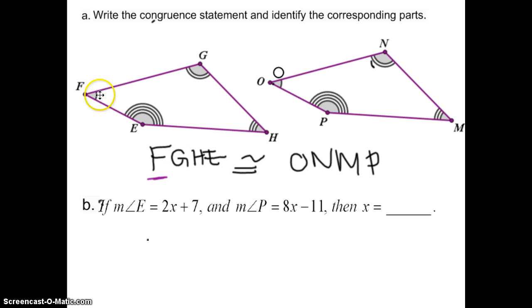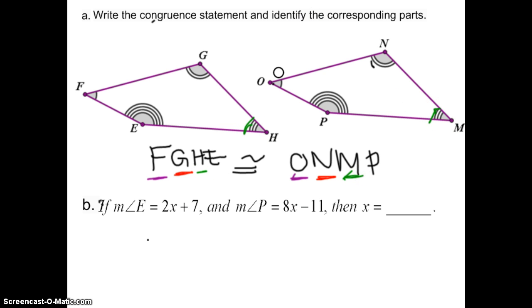Angle F has one arc, so when we write the other corresponding figure, we have to write angle O first. Angle O and angle F are congruent. Same goes for G. G has two arcs, so our next letter should be N because N has two arcs as well. Same goes for H. H has three arcs, M has three arcs.